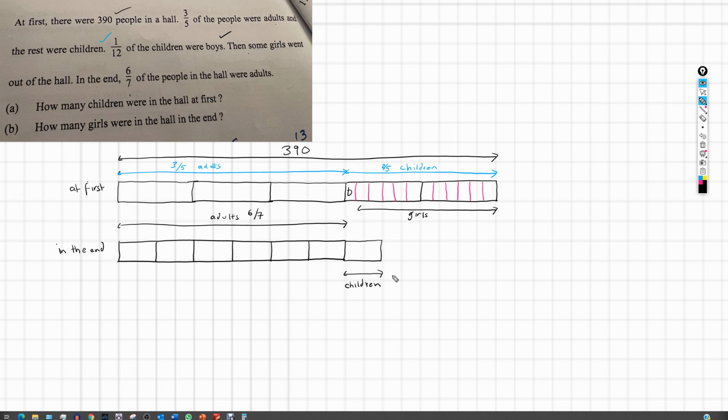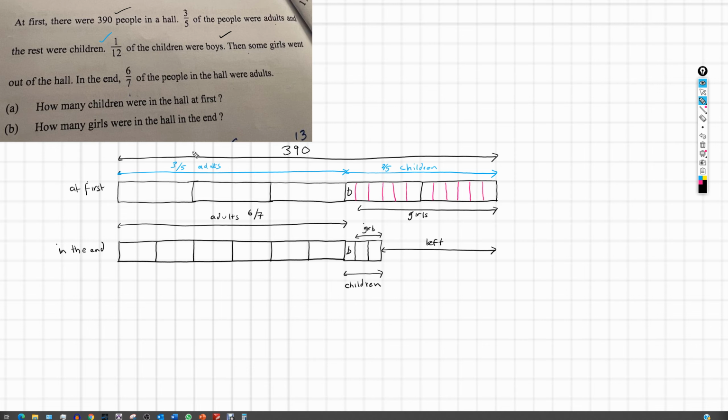I should subdivide it as this has been, into the thirds that I subdivided that into. And this is boys, which means that this part are the girls. Which means that this many children left. They're the ones that left the hall.